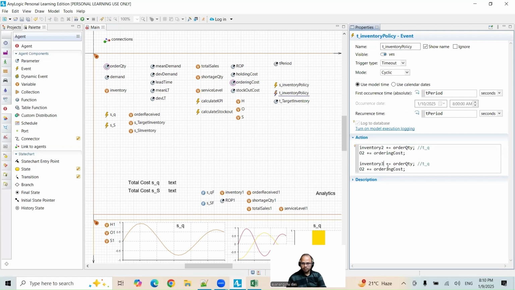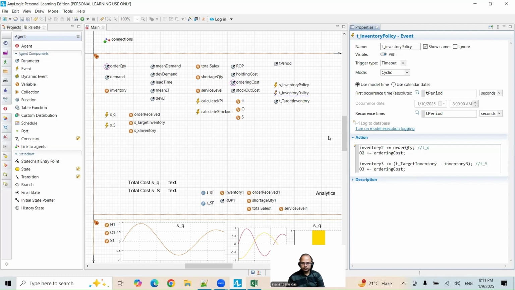So this is another inventory quantity which gets replenished with the current target inventory minus the current inventory. So this is the TS policy, and then it will have its own ordering cost.